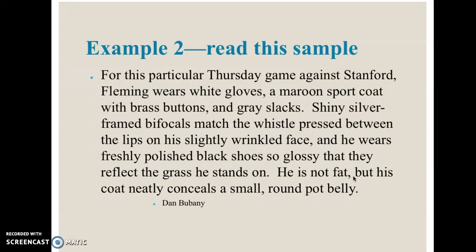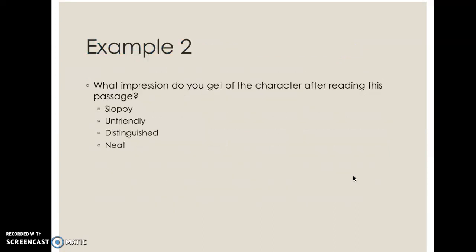And so let's look and see if we can get it a little more specific. So what impression do you get of this character after reading the passage? Well, he's definitely not sloppy. He's definitely not unfriendly. There's no words that would help us to get to that conclusion. Could be distinguished or could be neat. I would say that either one of those would work, depending on what follows in the rest of the paragraphs.